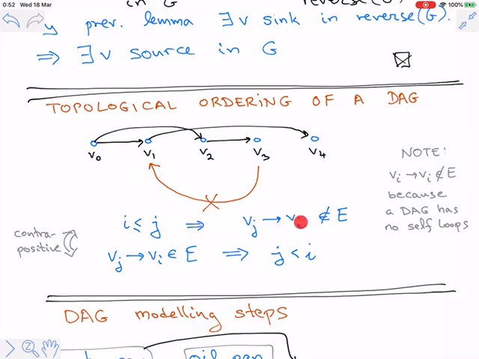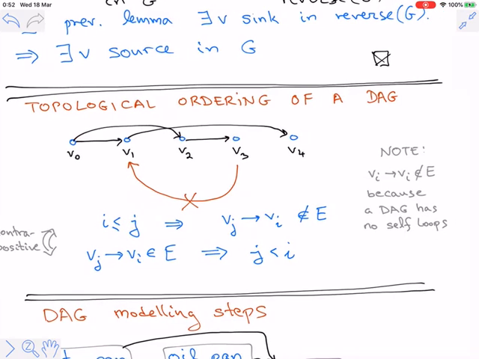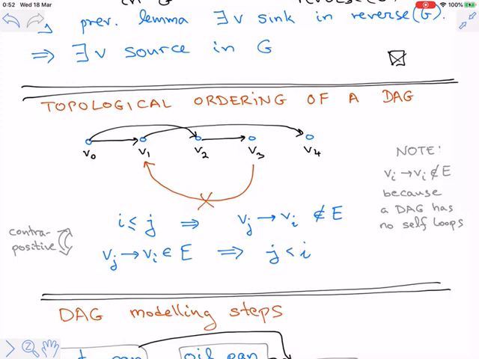Now the contrapositive of this statement: the negation of i less than or equal to j is i greater than j. The negation of (Vj, Vi) is not an arc is (Vj, Vi) is an arc. So the contrapositive of the first line is: if (Vj, Vi) is an arc, then j is less than i.